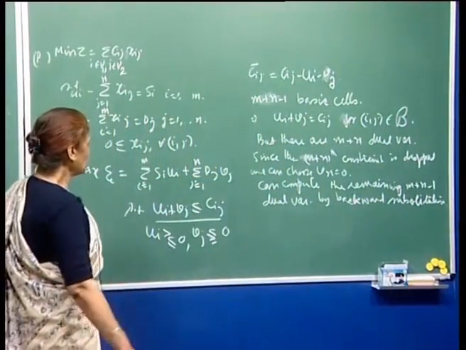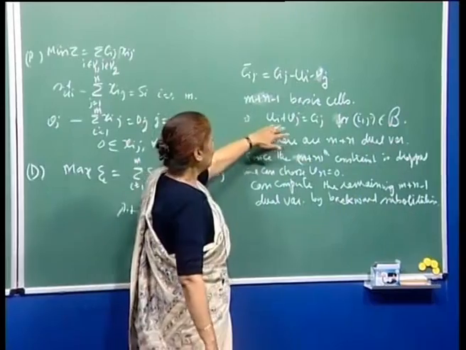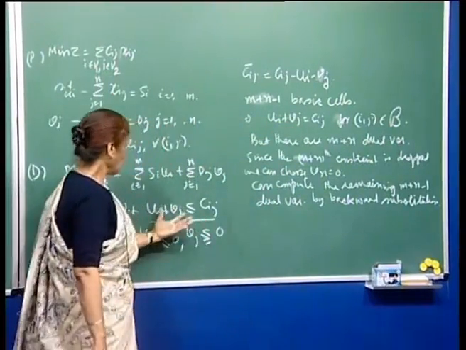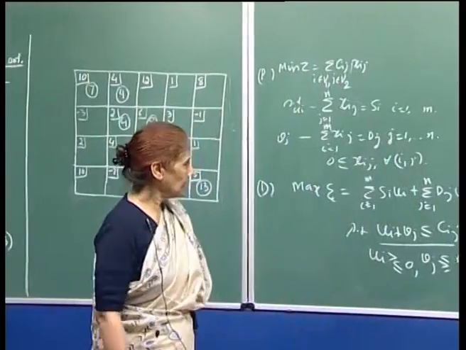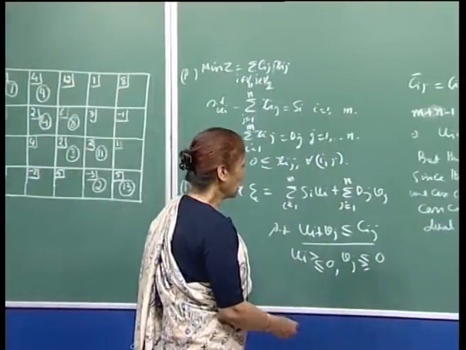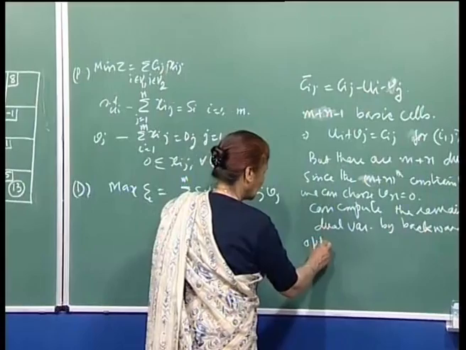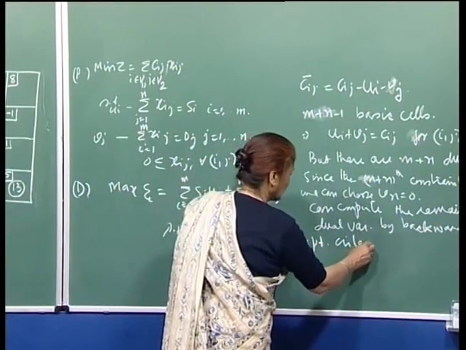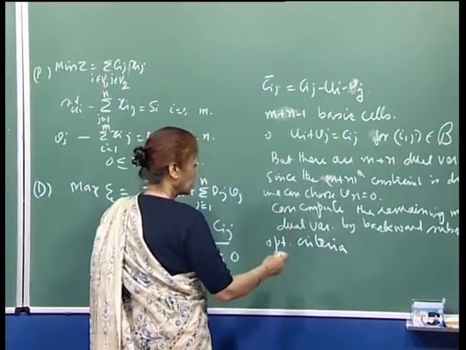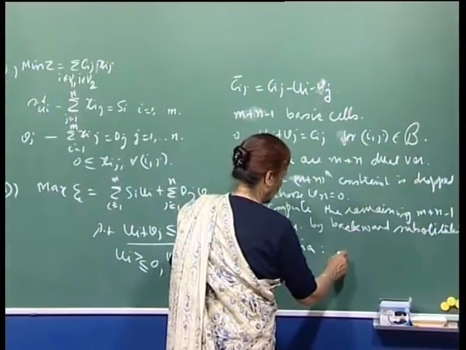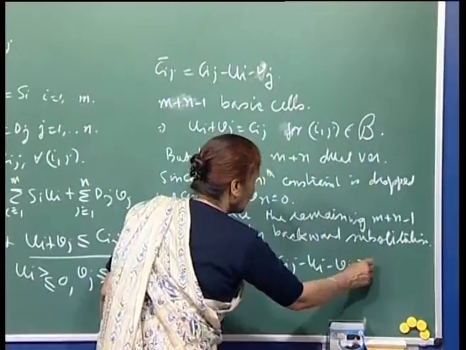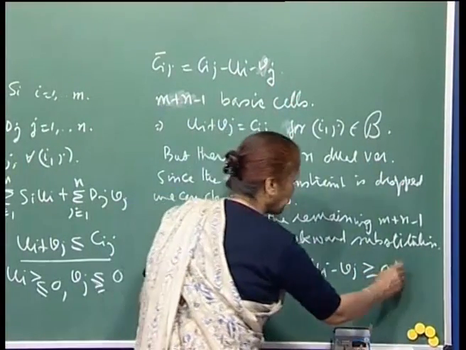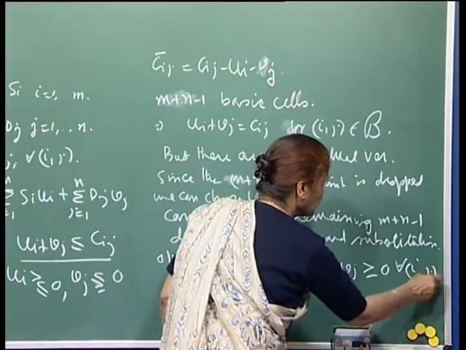So, once you have the ui's and vj's, you can find out the relative prices, and you can proceed. The optimality criterion is that Cij minus ui minus vj is greater than or equal to 0 for all ij, right.